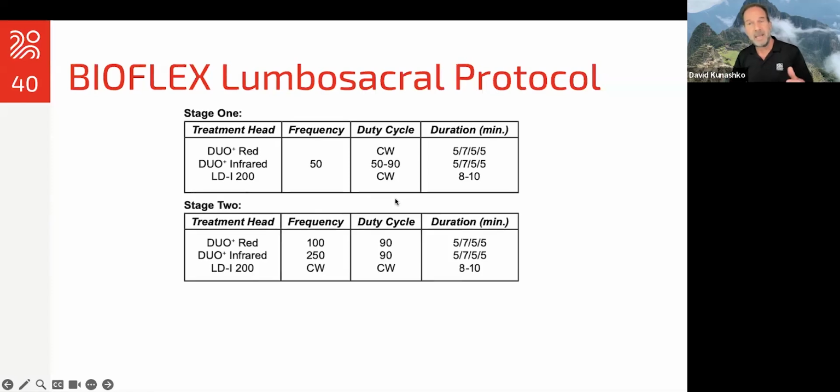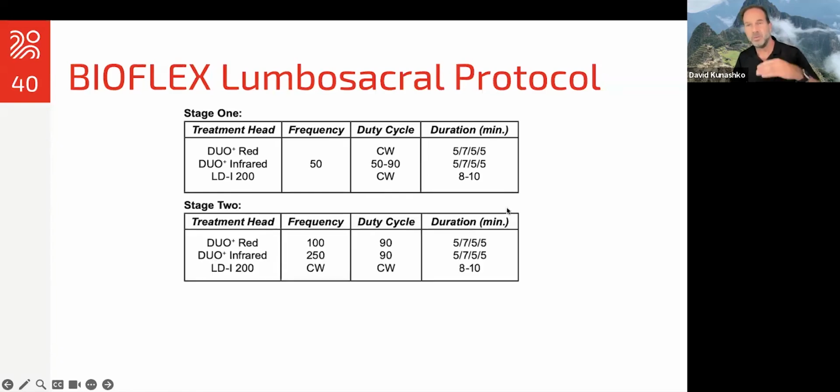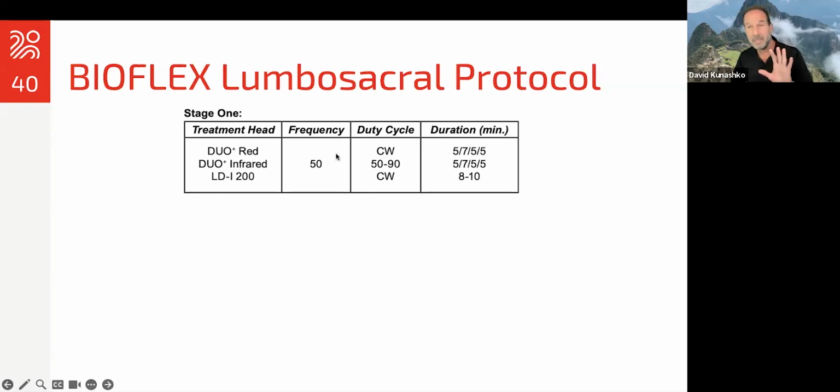And then as you move along, when do you go to the next stage? Well, I'll give the first one some time to work. A week, 2 weeks, see how they're doing. Even adjust the duty cycle up a little bit before you go to the next level. So don't treat once and then go to the second level. You'll want to treat at stage 1 for several sessions.